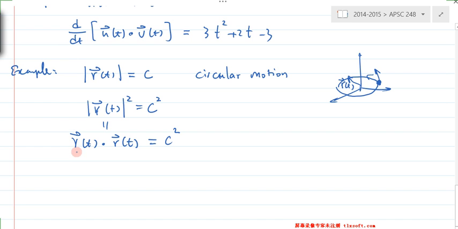Now what I'm going to do is take a derivative of both sides of this equation with respect to t. Taking the derivative of both sides means you take the derivative like this.